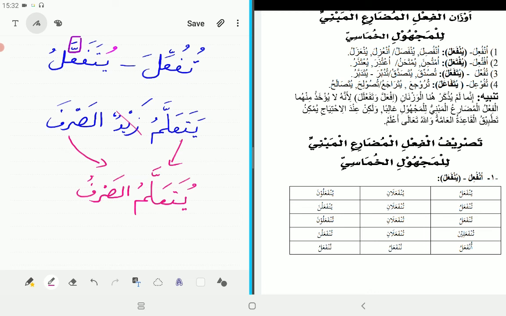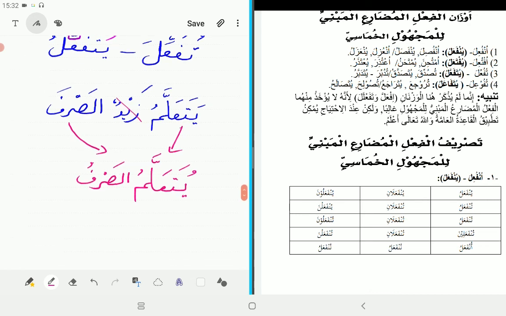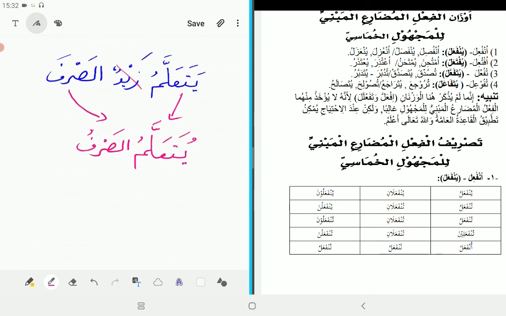Now, a complication may arise when the person is using a verb that's lazim, like we said. So let me use another verb.